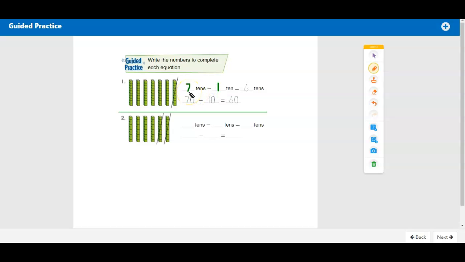If we have 7 tens and we subtract 1 ten, 7 minus 1 gives us 6 tens.